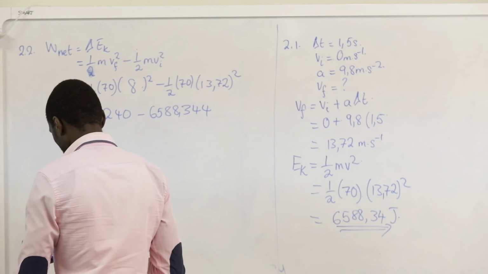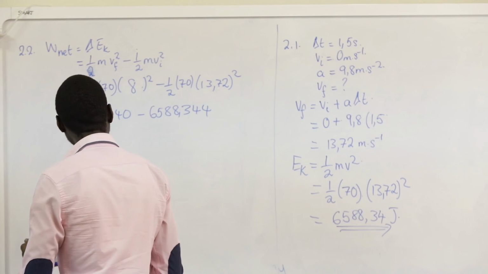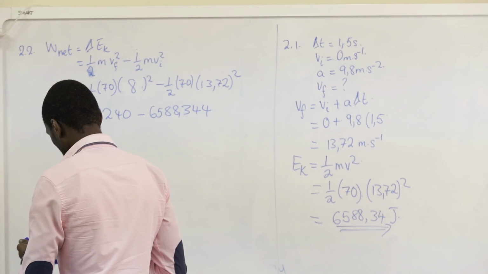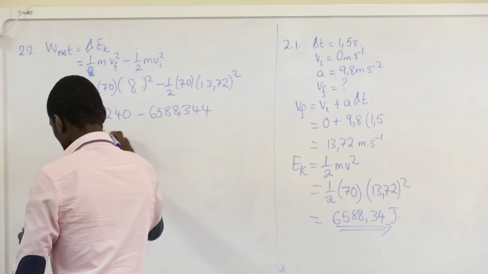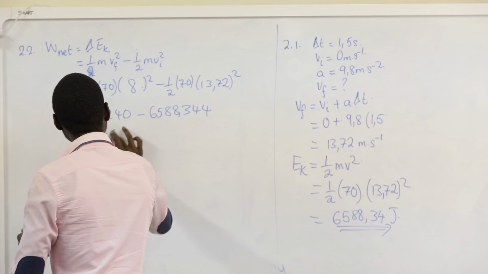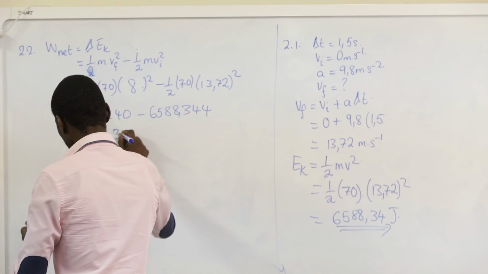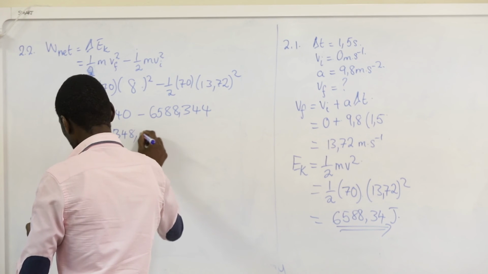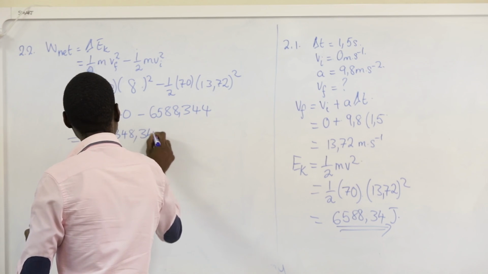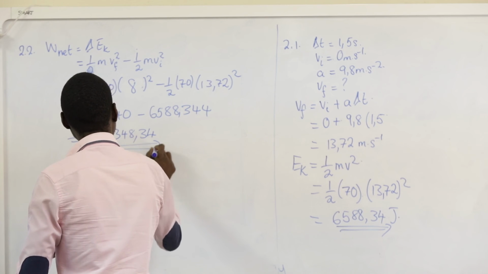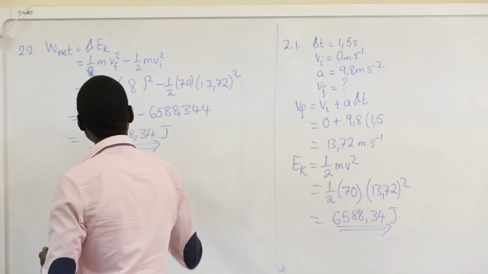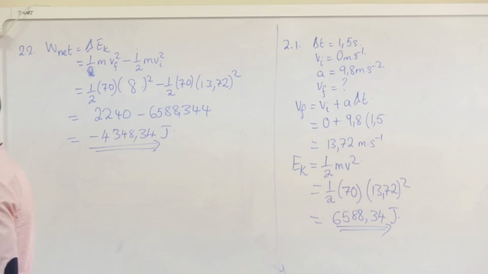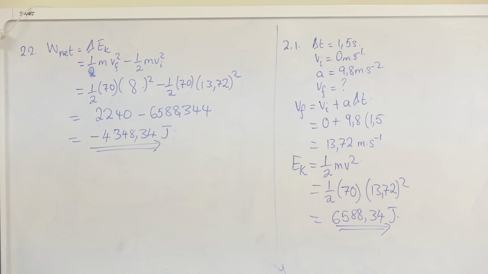Subtracting these two will give me a negative answer of minus 4,348,34. In other words, it is slowing down. This is work done, and it is in joules. That makes sense pretty much.